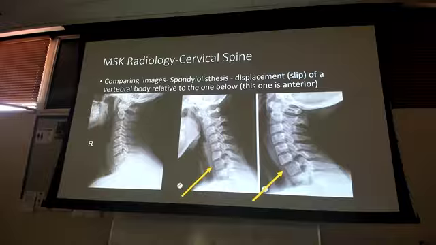And then literally, unlike everything else we talked about in this block, the direction of this is named for the movement of the superior vertebrae. Everything else has been distal. Spondylolisthesis is named for the superior. So this would be a C6, C7 anterior spondylolisthesis.